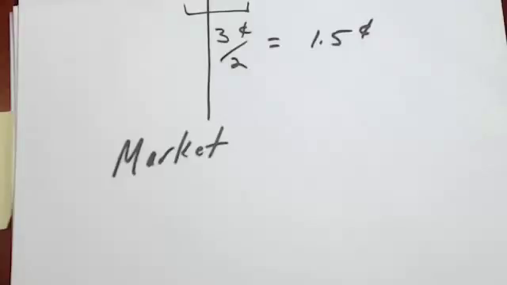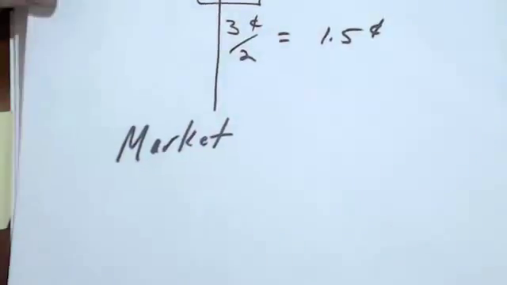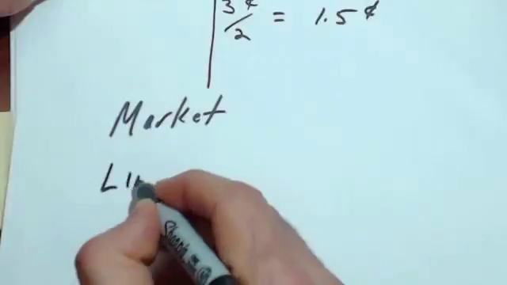Whereas with a market order, you have price uncertainty but execution certainty. By execution certainty with a market order, what I mean is the order will be processed. You just don't know what price it'll be at. So, an example. Let's compare and contrast market and limit orders.